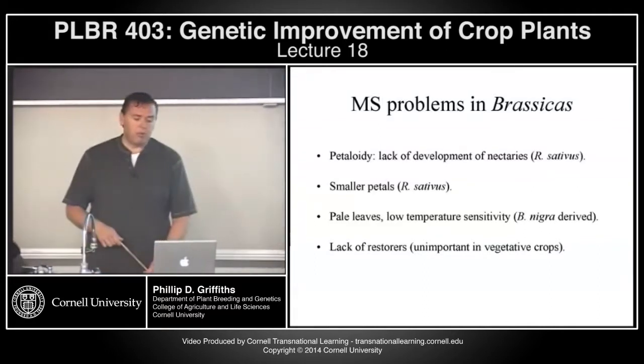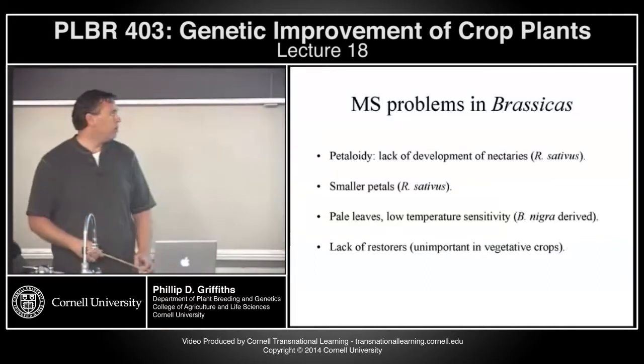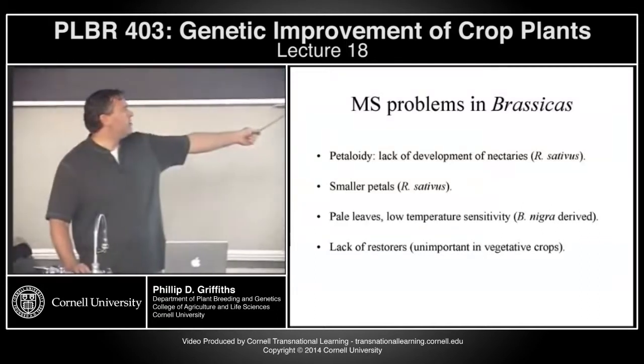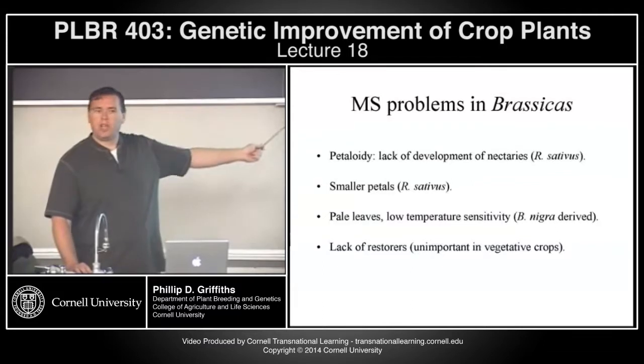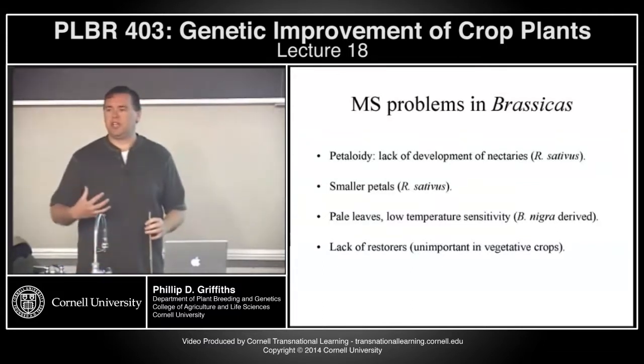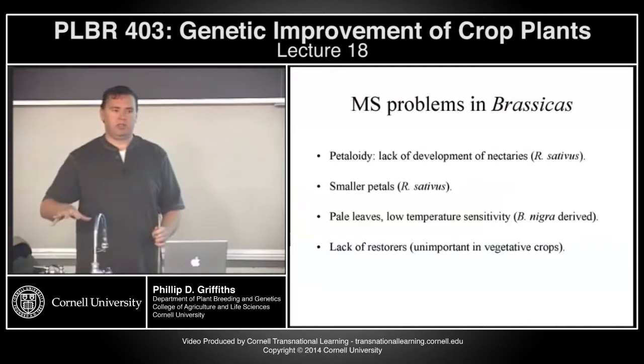There are a number of problems that occur with flowers, such as the lack of development of the nectaries, or petaloidy. This causes a lot of problems in seed production, where we're using insects to increase the seed, because the bees do not like to visit the flowers of male sterile plants.